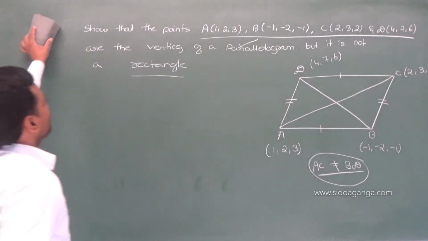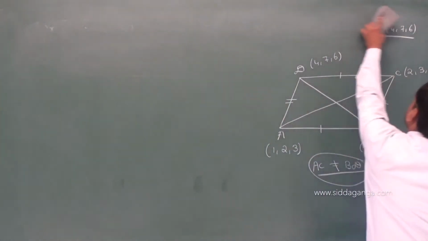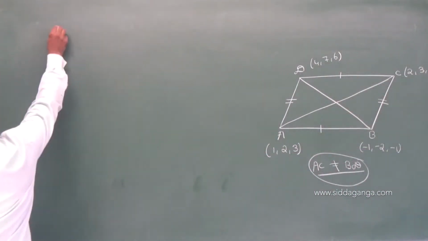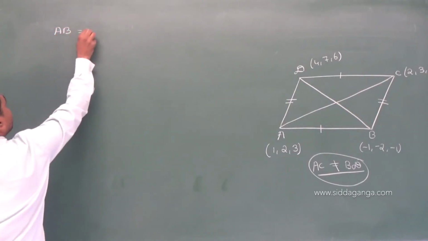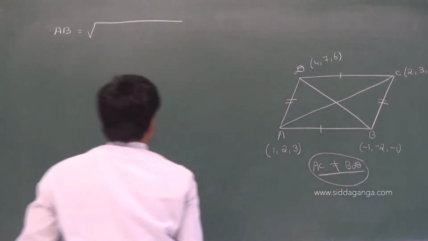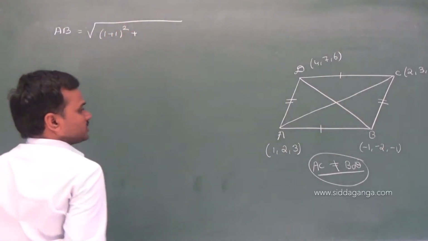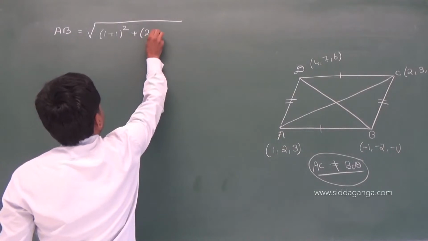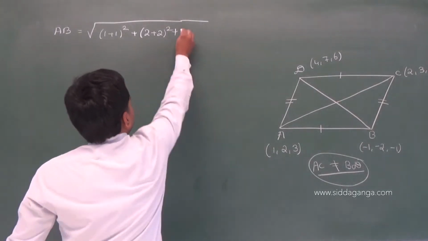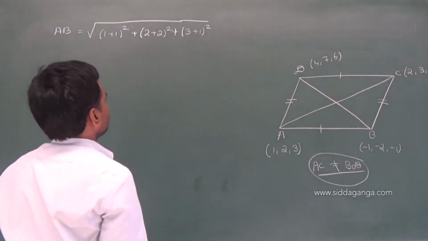First, we check whether it is a parallelogram or not. For that, we find the opposite sides. First, AB, square root of, using the distance formula, 1 minus minus 1, means 1 plus 1 whole square, plus 2 minus minus 2, means 2 plus 2 whole square, plus 3 minus minus 3, means 3 plus 3 whole square.